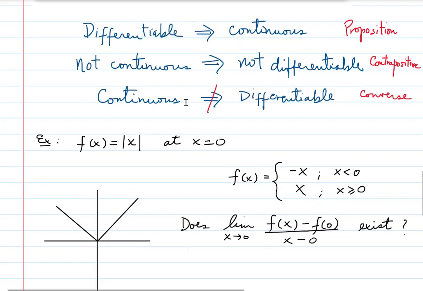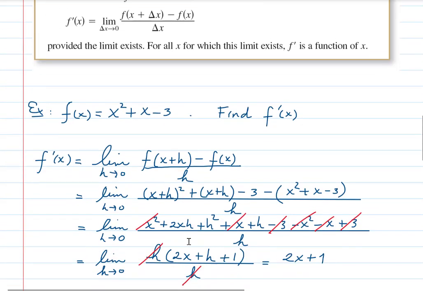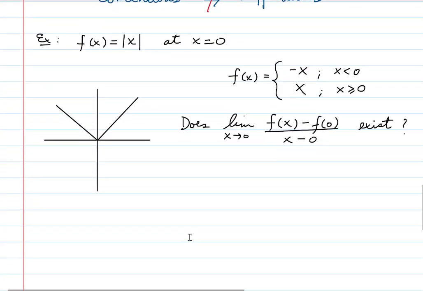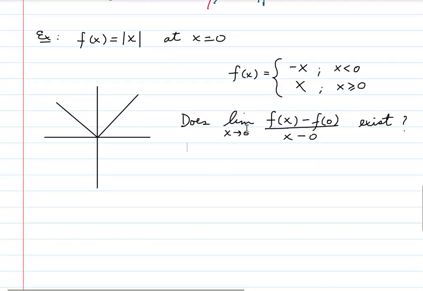And instead of using my definition here with the delta x or with the h, I'm using this alternative definition of a limit. One of the ways that I could determine whether this limit exists or not would be to evaluate the one-sided limits and see if they match.